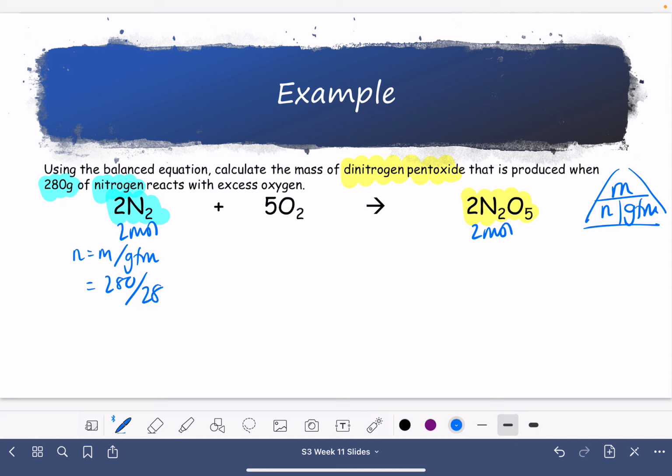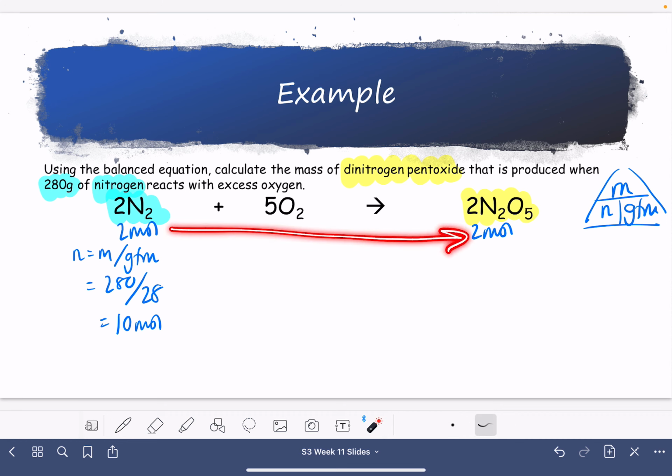So that's 28. 280 divided by 28 is 10. So 10 moles, well, what about the mole relationship? It says 2 moles gives 2 moles. So 10 moles is going to give 10 moles.